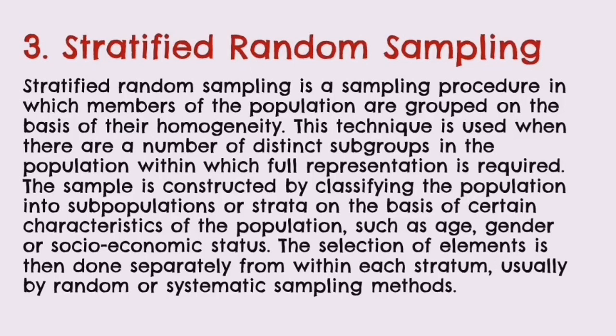The sample is constructed by classifying the population into subpopulation or strata on the basis of certain characteristics of the population, such as age, gender, or socioeconomic status. The selection of elements is then done separately from within each stratum, usually by random or systematic sampling methods.